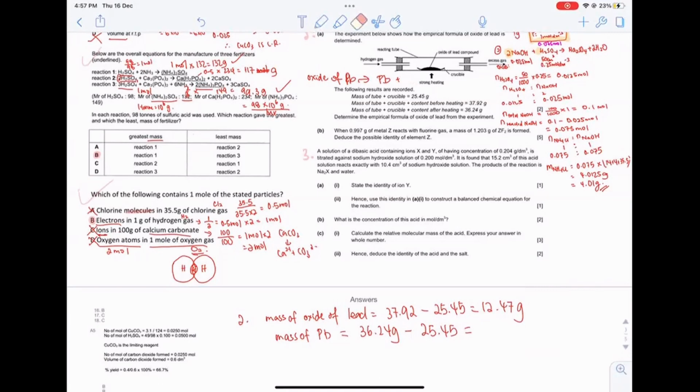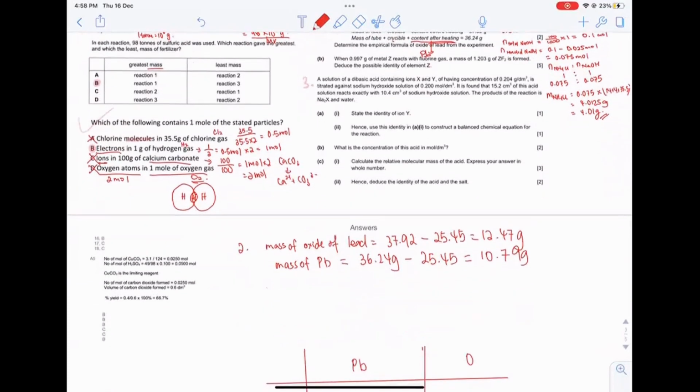We don't really need to care about what is produced. Our main focus is what is inside here. That's what you need to know in MCQs. So the content after heating will be the Pb. Tube plus crucible plus Pb minus away the mass of tube plus crucible will give us the mass of the lead, right? So it will be 10.79 grams.